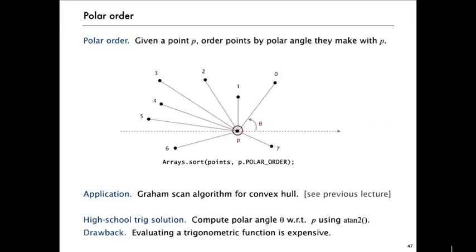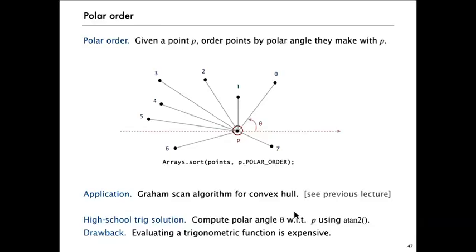And we came up with that before when we were talking about using a sort for the Graham scan. We needed to have a comparison for points that orders them by the polar angle they make with a given point P. That's what we needed for the Graham scan algorithm for the convex hull. Points are a defined data type for geometric objects, and so what we need is code that'll compute the polar angle and use that as the basis for comparison.